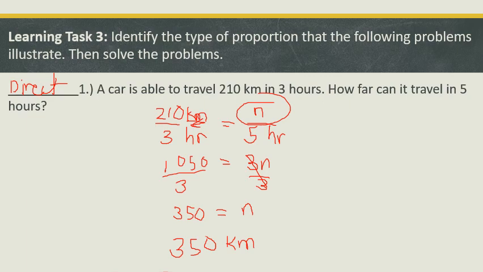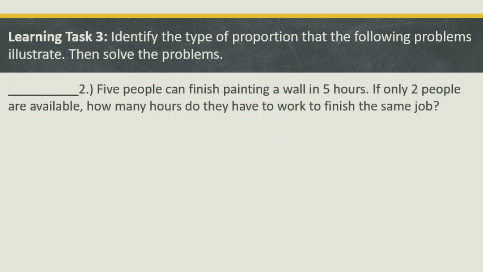Next. For number 2, we have 5 people can finish painting a wall in 5 hours. If only 2 people are available, how many hours do they have to work to finish the same job? Kapag 5 ang tao, natatapos nila ng 5 hours lang yung trabaho. Paano kung 2 tao lang yung magtatrabaho?